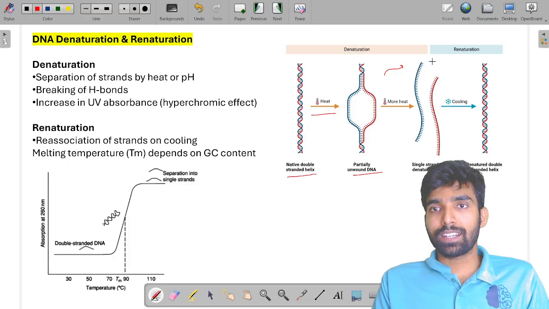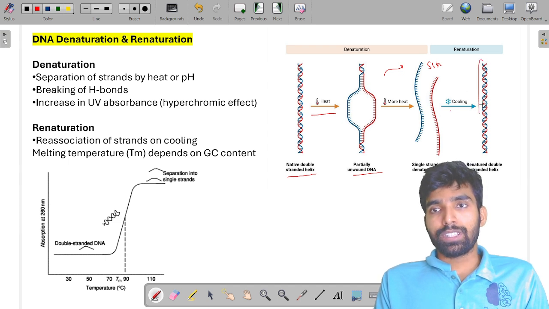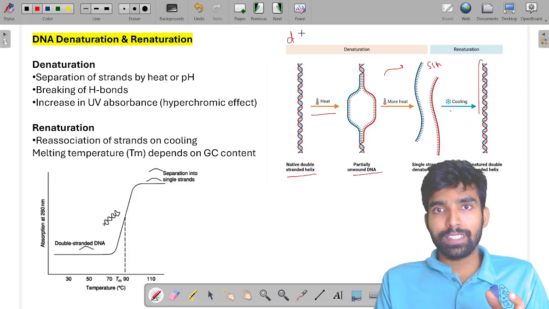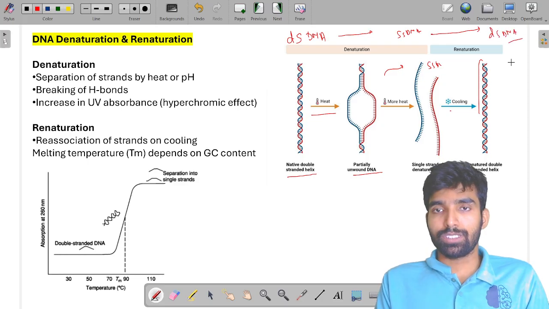Now this is single-stranded DNA, ssDNA. Now if you cool it, they will make the double-stranded DNA again. This is called renaturation. So from dsDNA to ssDNA, that's called denaturation, and from ssDNA to dsDNA again, that's called renaturation.